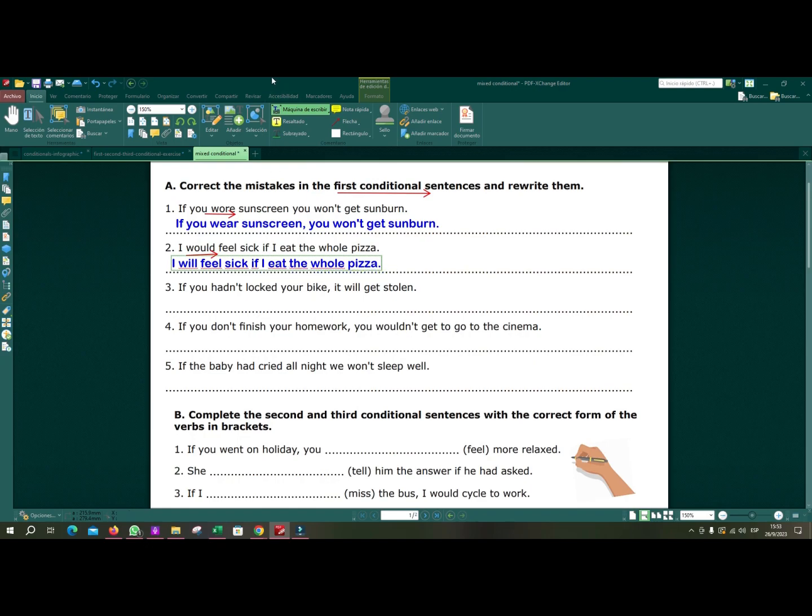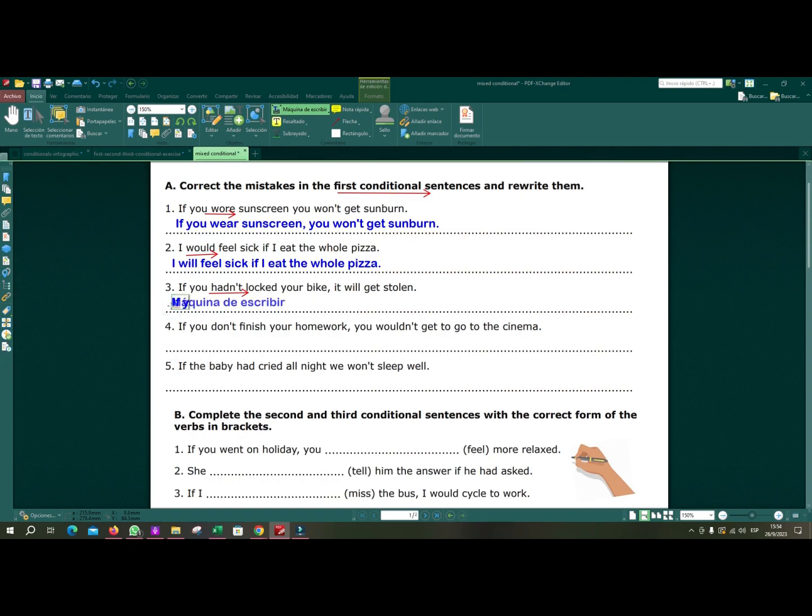So, what about the number 3, Mr. Mario? Which would be the mistake? If you hadn't locked your bike, it will get stolen. Which could be the mistake in the number 3, Mr. Mario? Hadn't, yes. You need the simple present tense there.